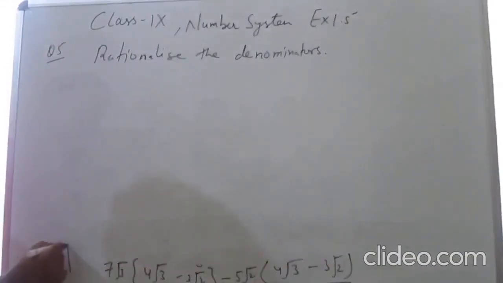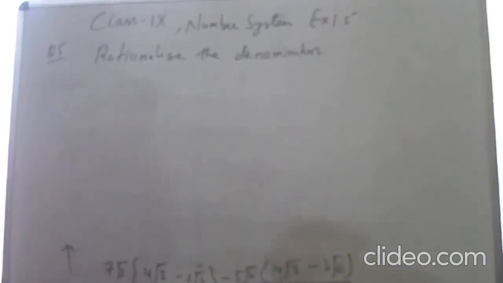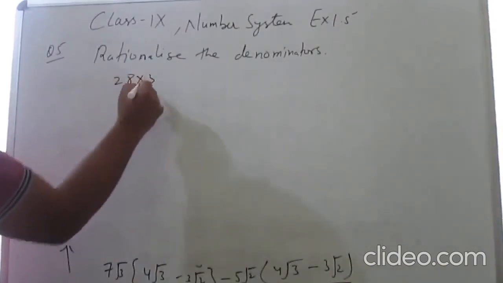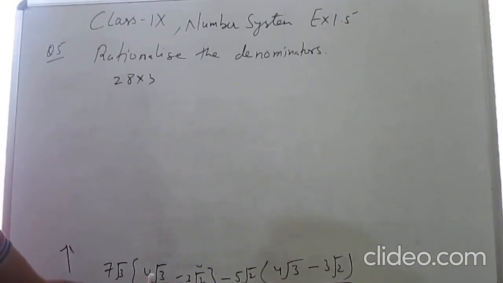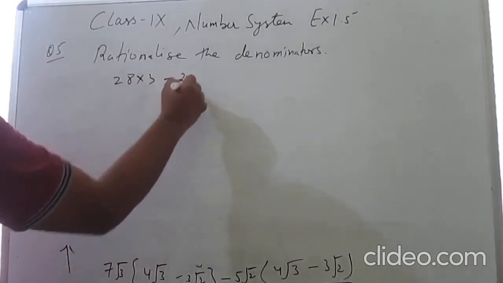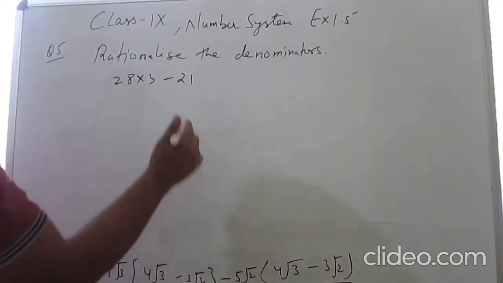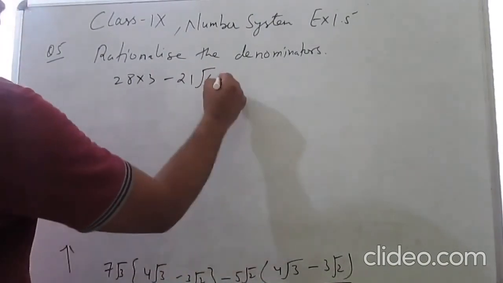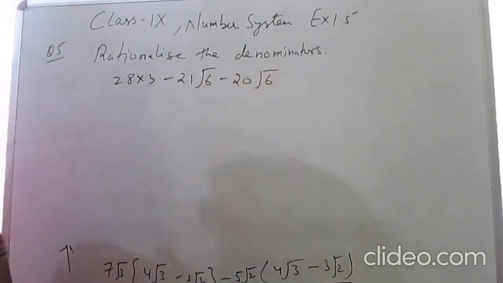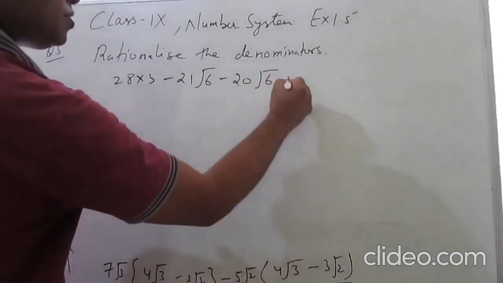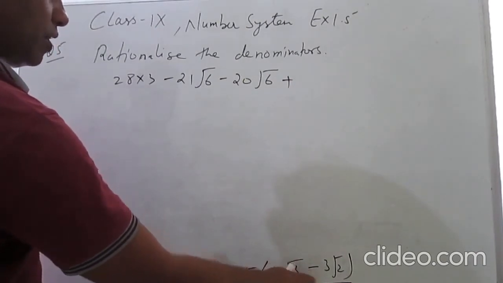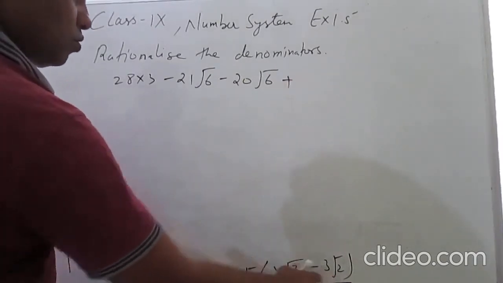Now see here, 7 4s are 28 and root 3 into root 3 is 3. So 28 into 3, 7 3s are 21, minus 21 root 6, 5 4s are 20, minus 20 root 6, minus minus plus 5 3s are 15 into root 2 into root 2 is 2.